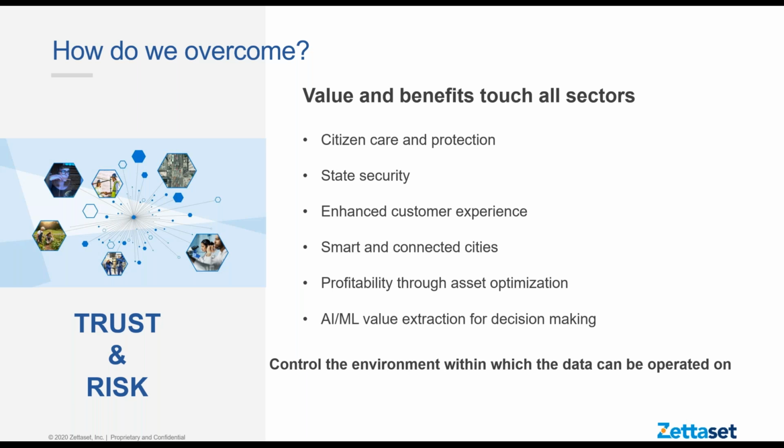If we can do one thing, we control the environments that data can be operating in, and we'll tell you how we do that. But look at some of the different benefits. With the citizen care and protection, that's healthcare. That's any kind of sharing that may go between social services and healthcare and the prison system, or think about it, if someone is released and they need to compare their healthcare, see where they're living with the housing, and we're just trying to help people.